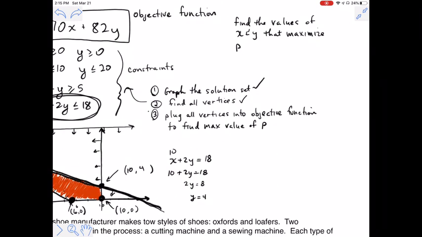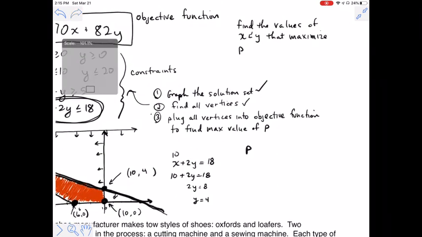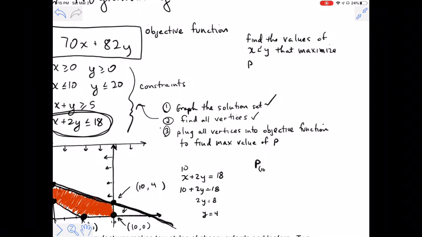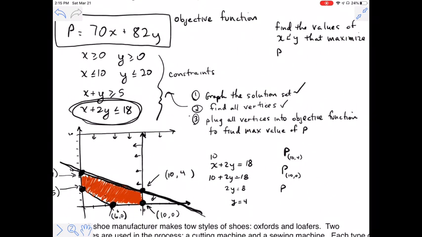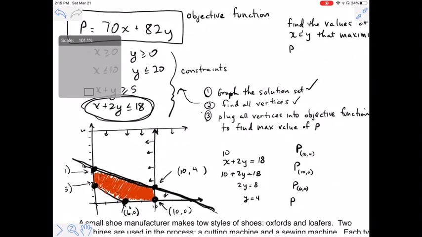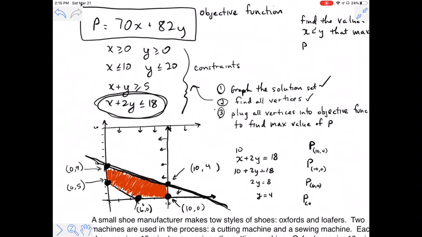So I'm going to find a value of p for the point 10, 4. I need to find a value of p for the point 10, 0. Let's see, what's another vertex? 6, 0. Let's see, 0, 5. And finally a value of p for 0, 9.